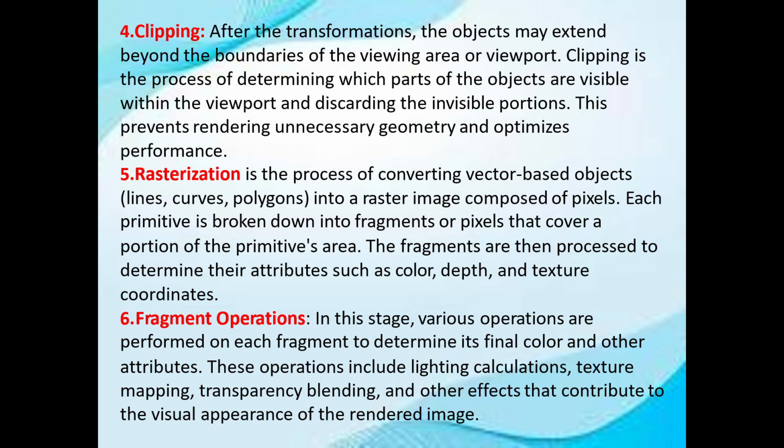Fragment operations. In this stage, various operations are performed on each fragment to determine its final color and other attributes. These operations include lighting calculation, texture mapping, transparency, blending, and other effects that contribute to the visual appearance of the rendered image.